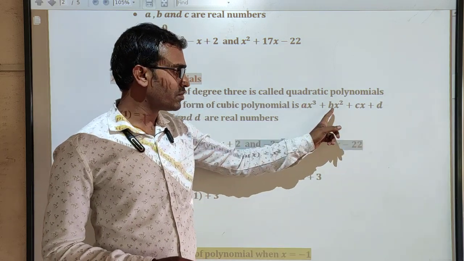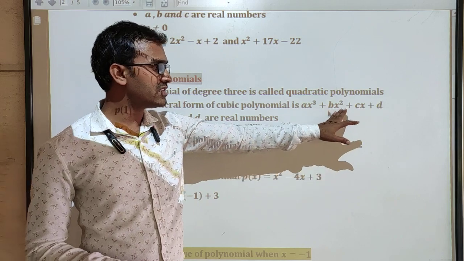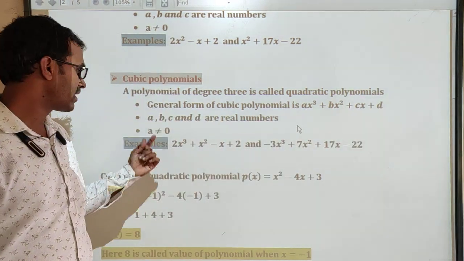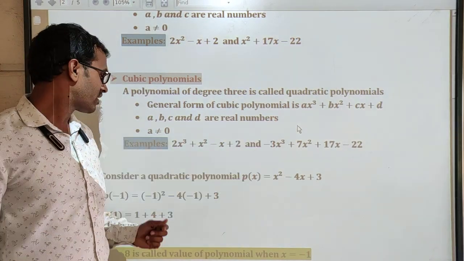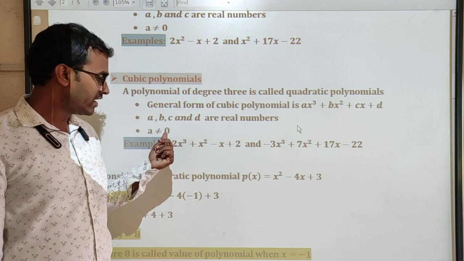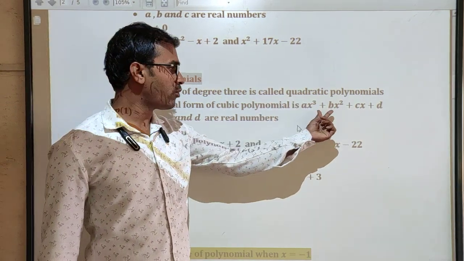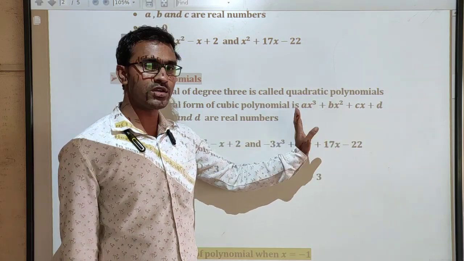Here a, b, c and d are real numbers and a is not equal to 0. In case a equals 0, this cubic polynomial becomes quadratic, because 0 into x cube is 0.